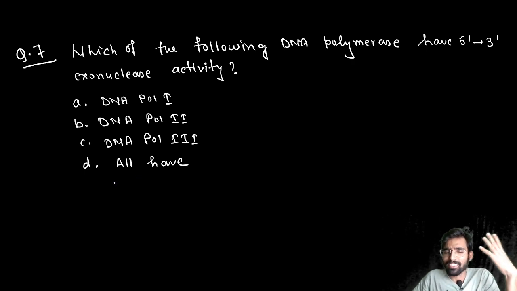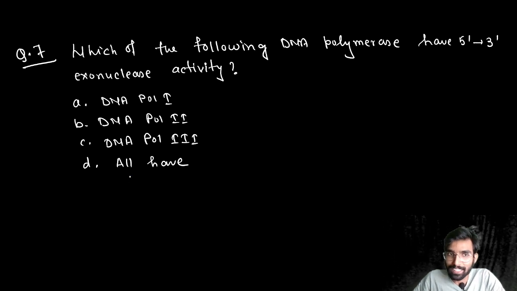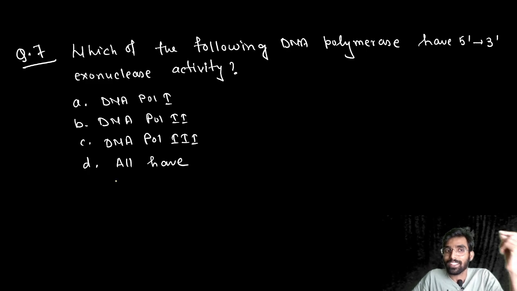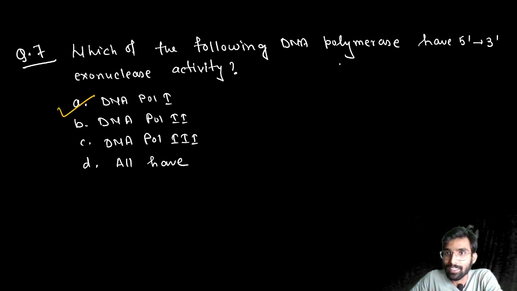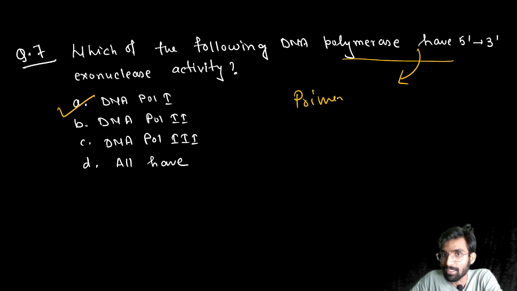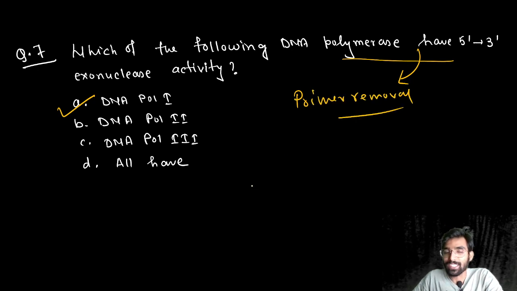Just think and try to imagine what is the function of 5' to 3' exonuclease activity. The correct option is DNA pol 1. The 5' to 3' exonuclease activity is generally responsible for primer removal. Ideally, I should leave that type of question for comments, right?